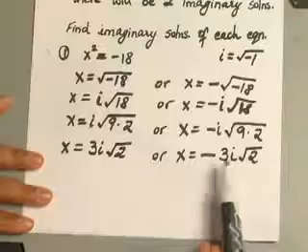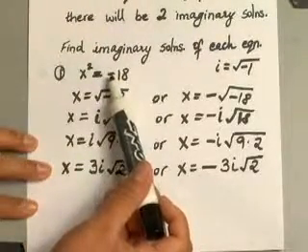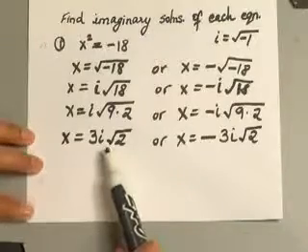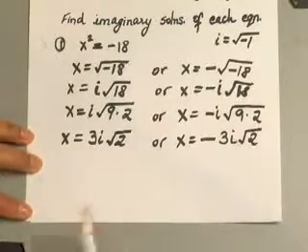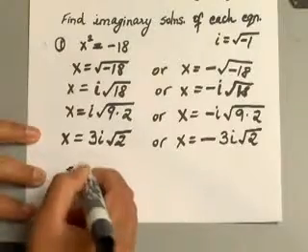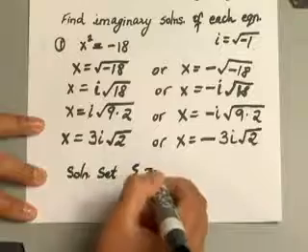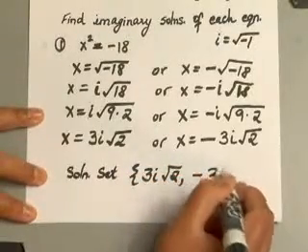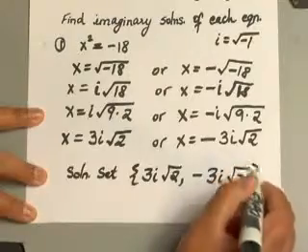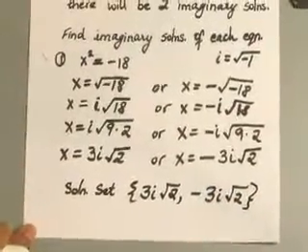So this is how we simplify, and you can see whenever you have a negative k, your solutions will be imaginary numbers. So this time our solution set is 3i square root of 2 and negative 3i square root of 2.